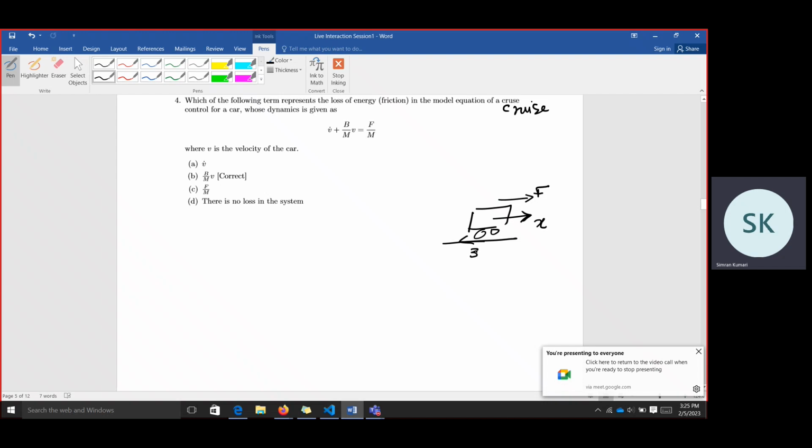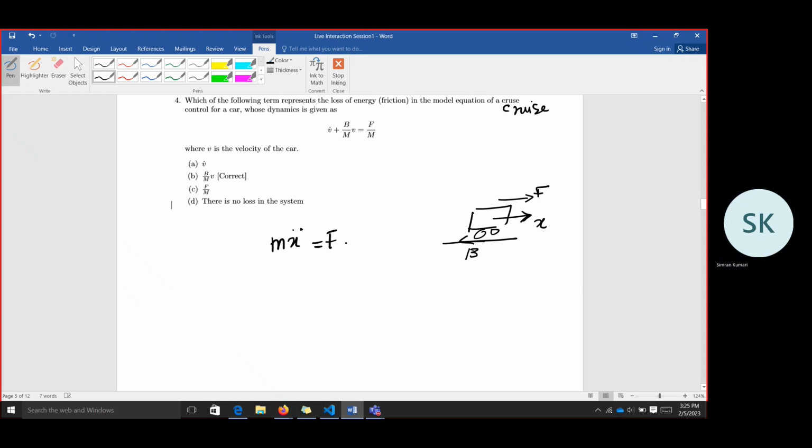If this is not present, how will we write the equation? It's like m x double dot equal to F minus b x dot, where b is the damping coefficient.